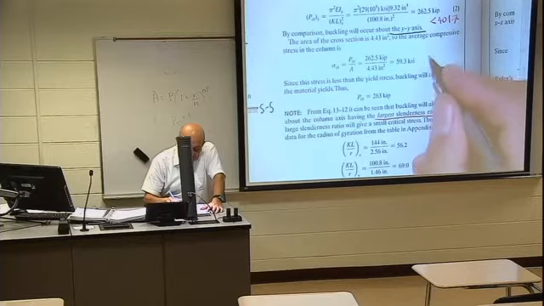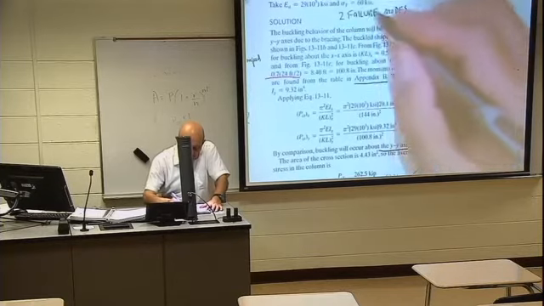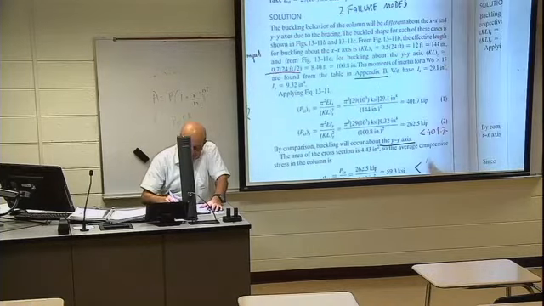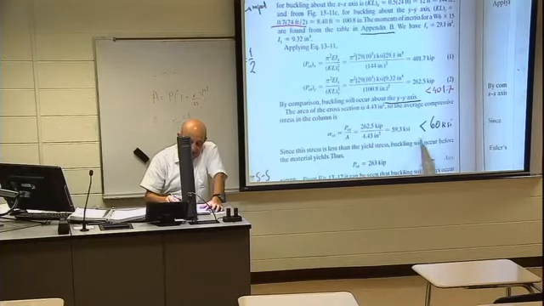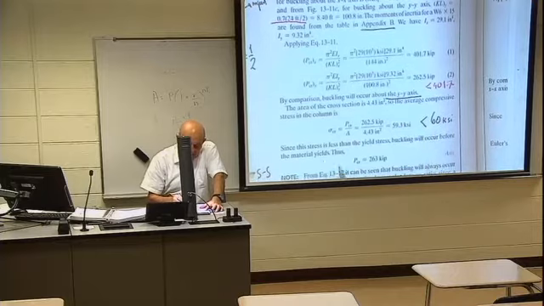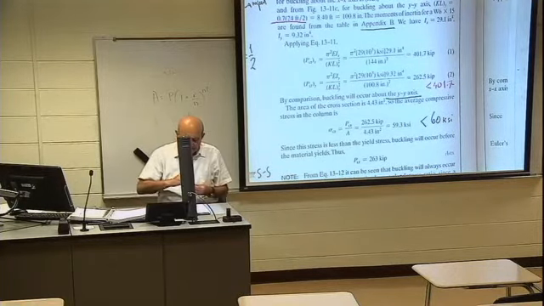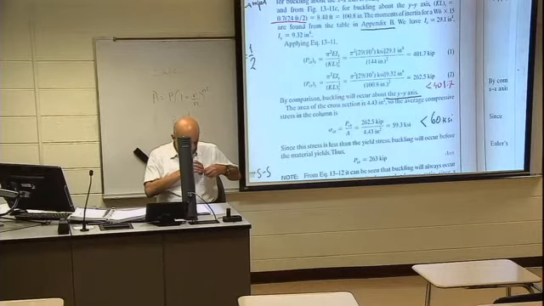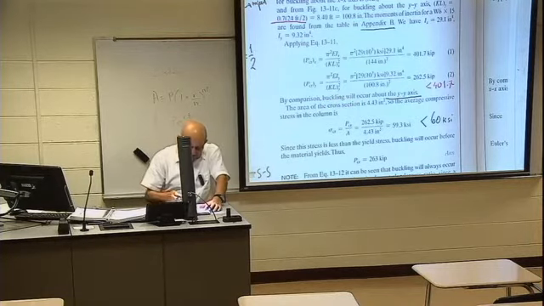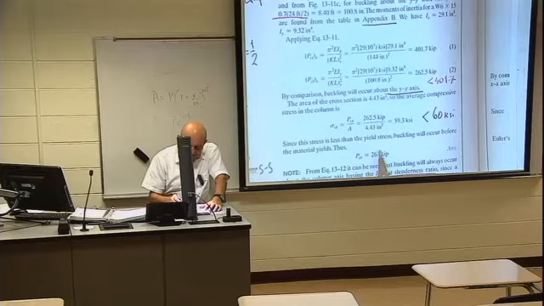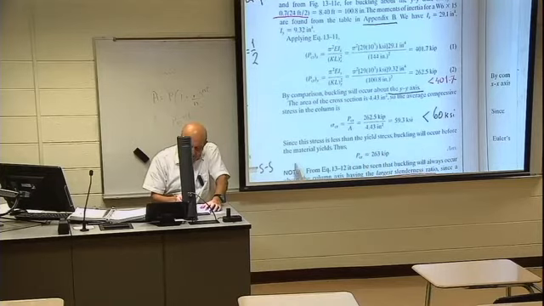This stress is less than the yield stress. Yield stress is 60 ksi, so 59.3 is less than 60. Since this stress is less than the yield stress, buckling will occur before the material yields.